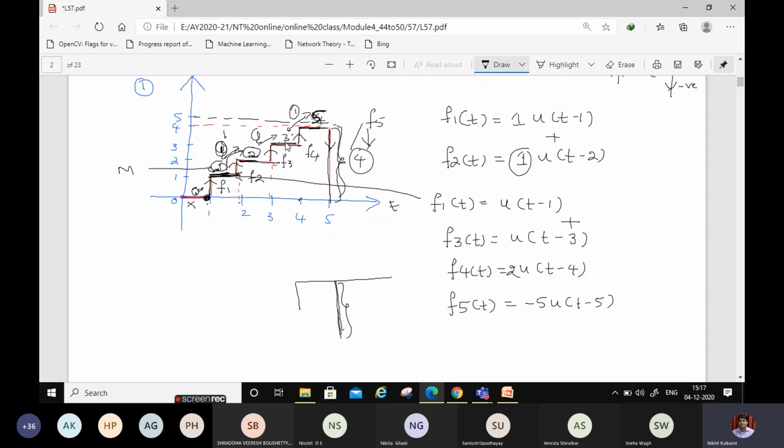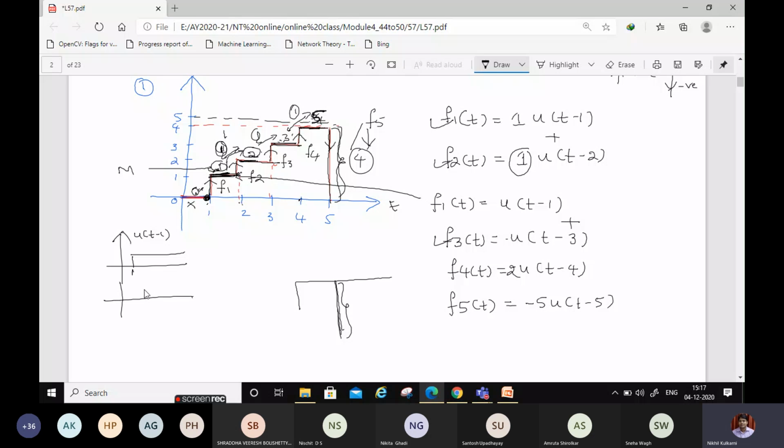Come here. This has the magnitude 3. Change in magnitude is 1. So we are adding 1 here, and it will be starting at 3, u of t minus 3. So these are the signals. First one is u of t minus 1, which starts at 1.